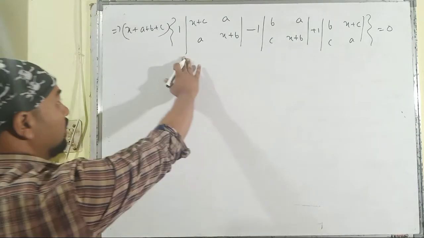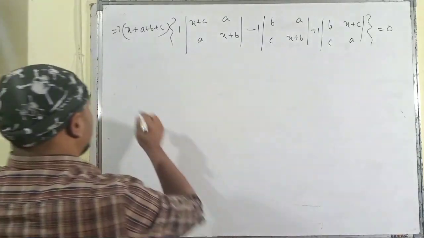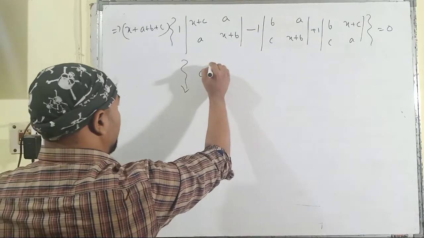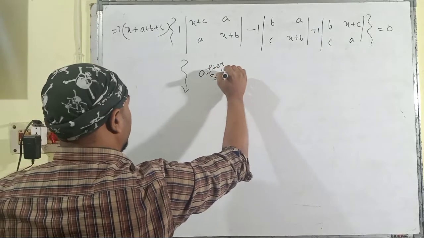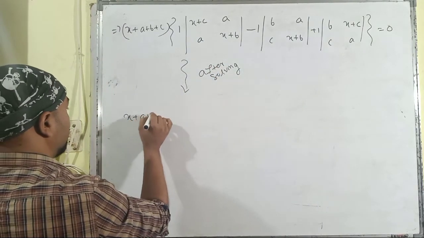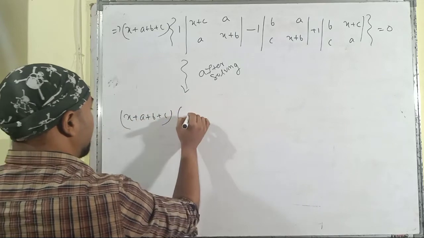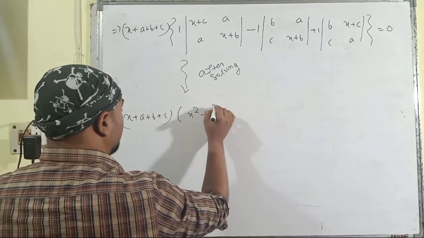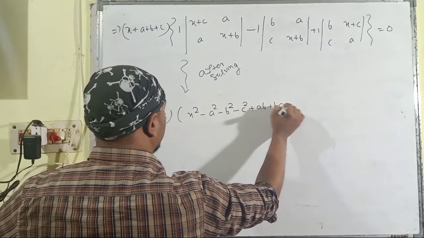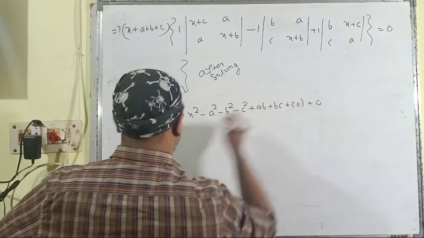After solving these steps, we will get (x plus a plus b plus c) multiplied with (x square minus a square minus b square minus c square plus ab plus bc plus ca), and this is equal to 0.